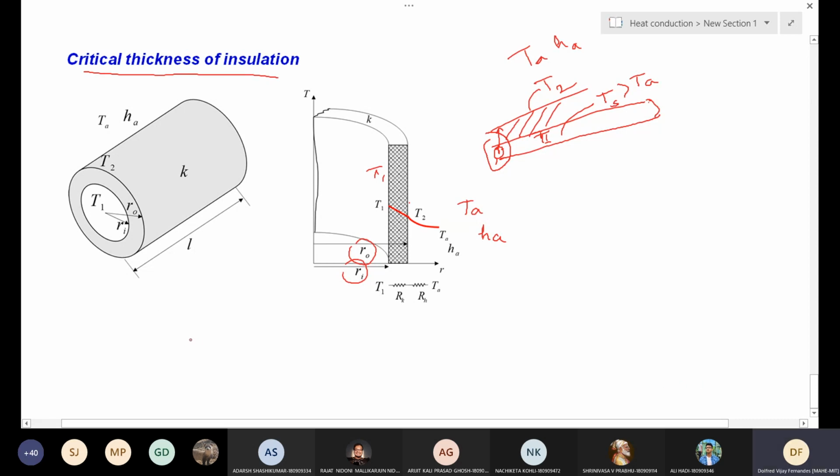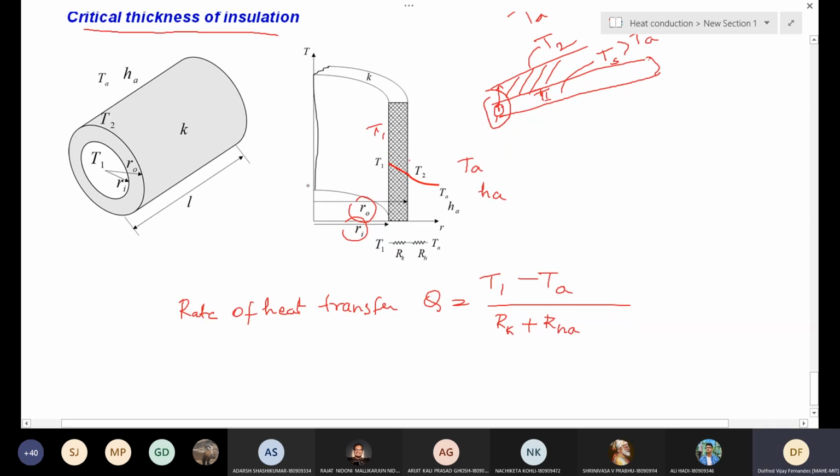So the rate of heat transfer we can write as Q equal to the temperature difference, T1 minus Ta, divided by the resistances Rk plus Rh, the air resistance.